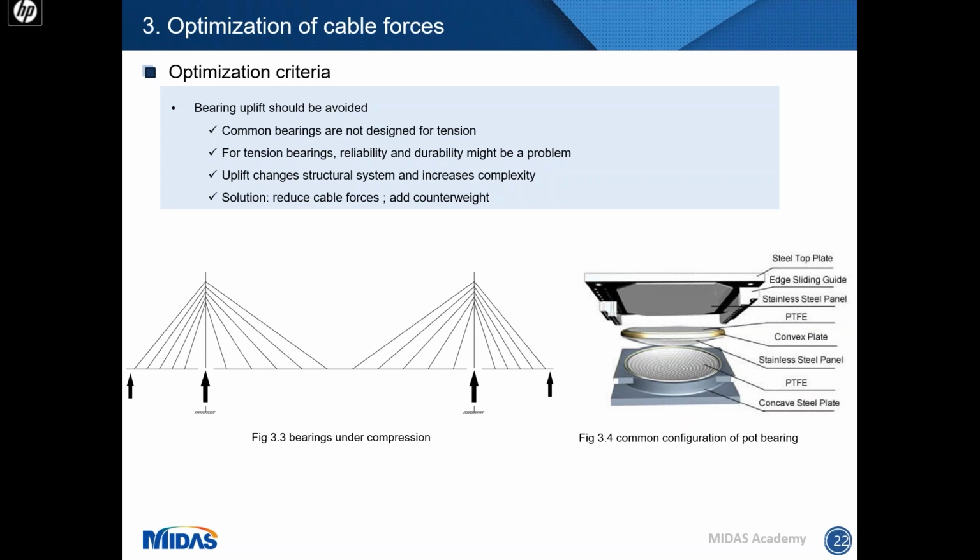That's because common bearings are not designed for tension. Look at figure 3.4. This is a common configuration of a pot bearing. If it is in tension, it may be split and broken.